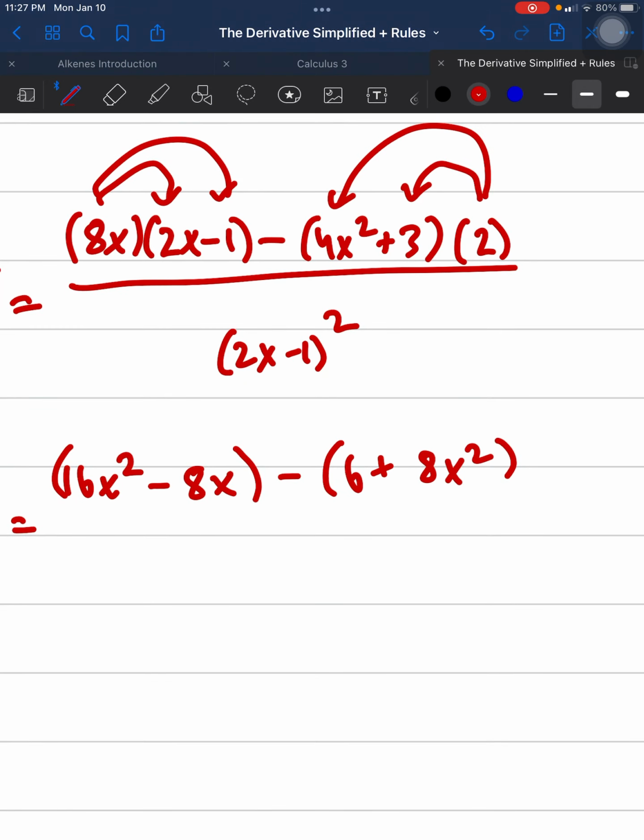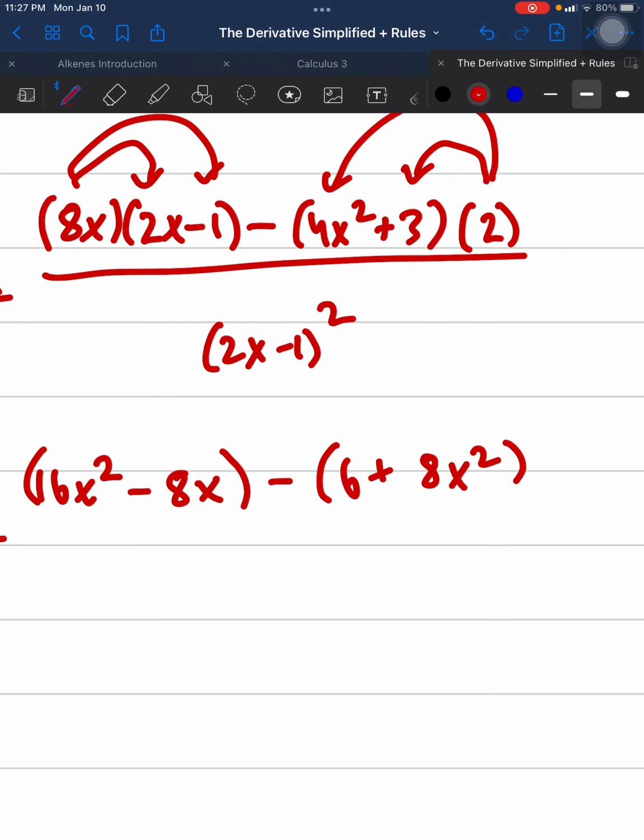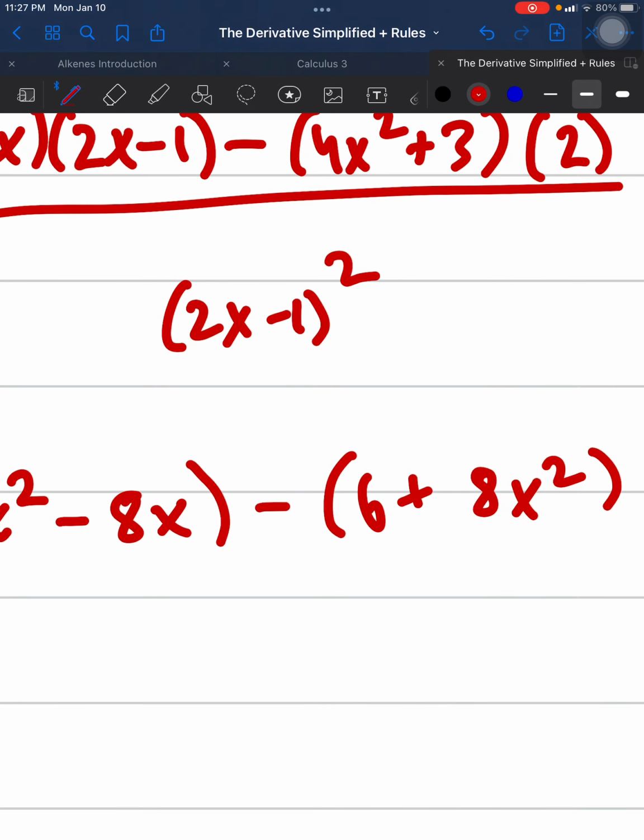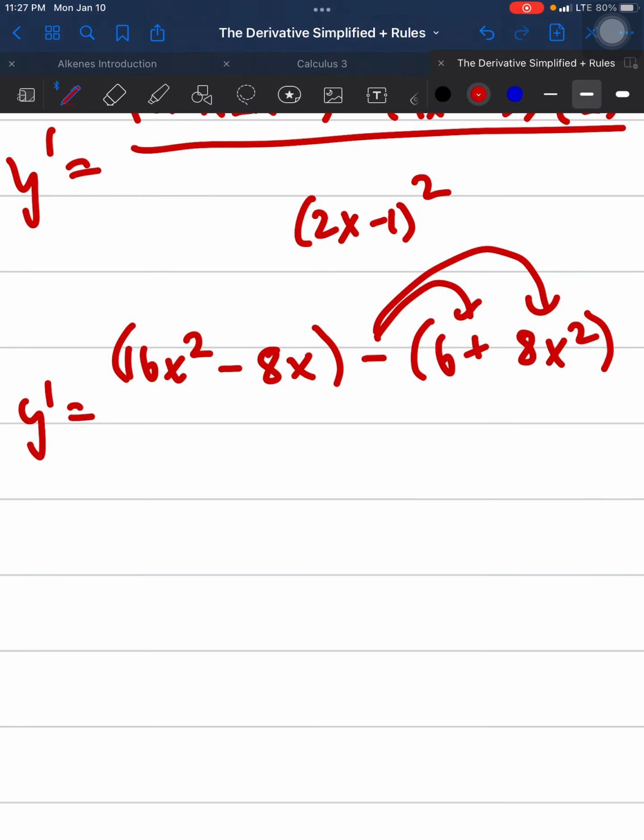And remember, you see that I kept the parentheses because now in the numerator we're gonna have to distribute this negative, because whenever you see something like this, there is an imaginary 1 right here that you have to distribute in order to get rid of the parentheses. So that's what we're gonna do right now. Distribute that -1.